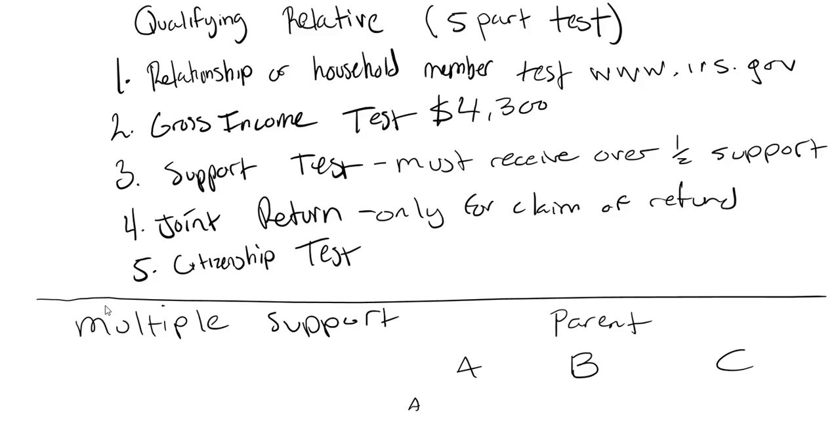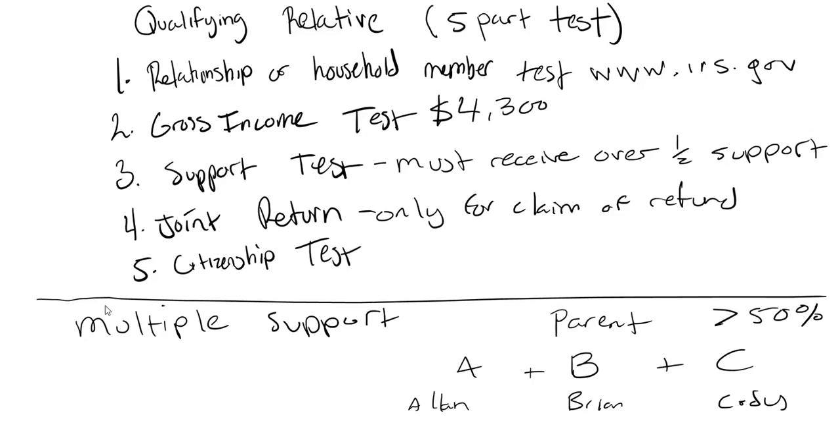In order for this to be a qualifying relative in combination, A plus B plus C combined must provide greater than 50% of this person's support.